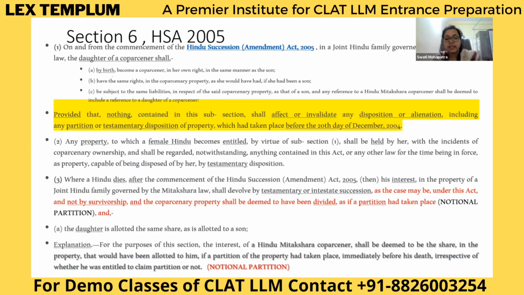But in the eyes of law, it is not an actual partition, and it will not have the full effects of partition which we study under civil procedure. It is only a notional partition for the purpose of determining the shares of the people who are supposed to get a share. Right? Is it clear?